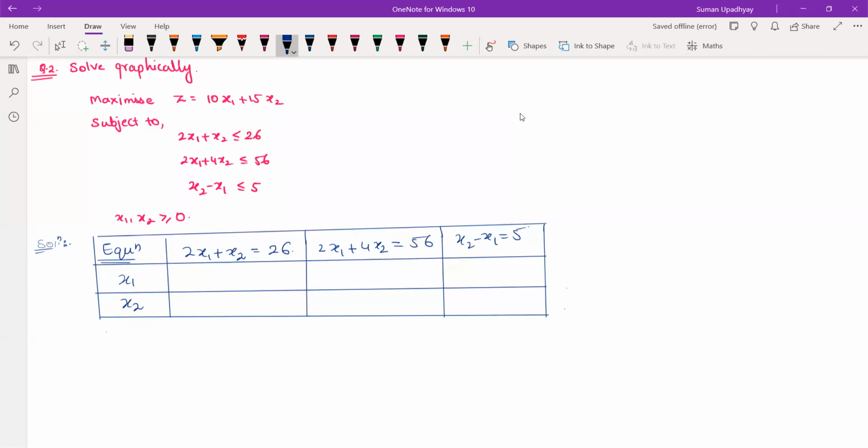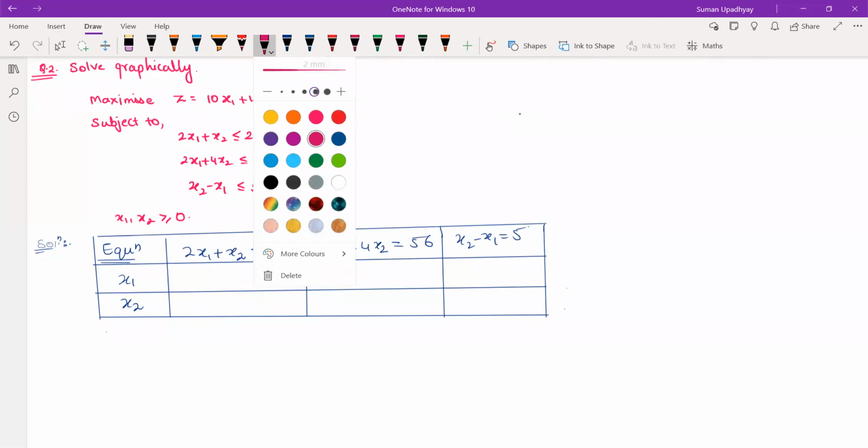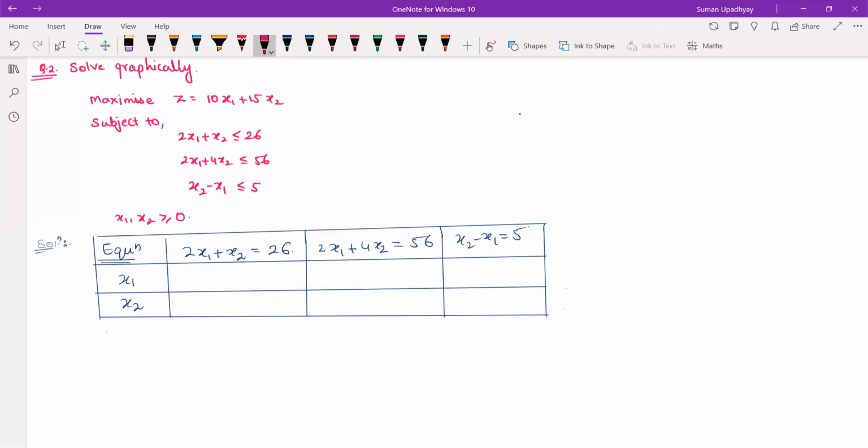We'll find the x1 intercept and x2 intercept for each equation. For the x1 intercept, the y coordinate will be 0, so we get the point 13,0. And for the x2 intercept, x1 will be 0 and x2 will be 26.